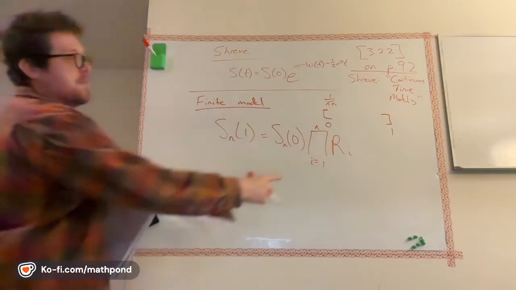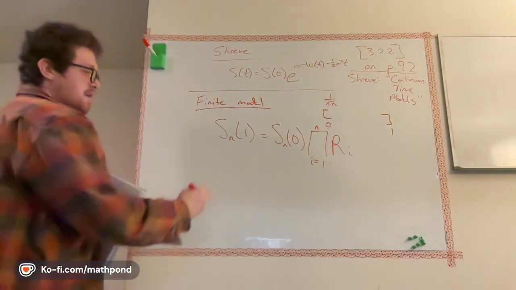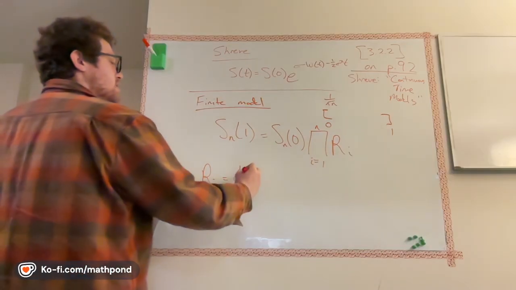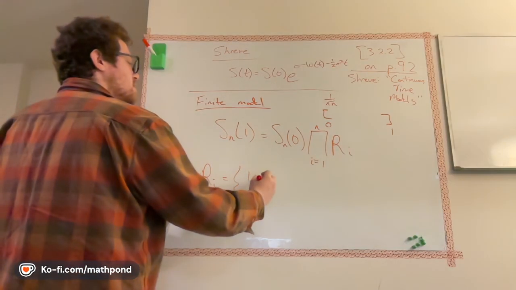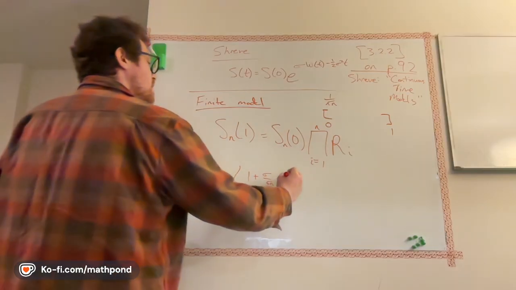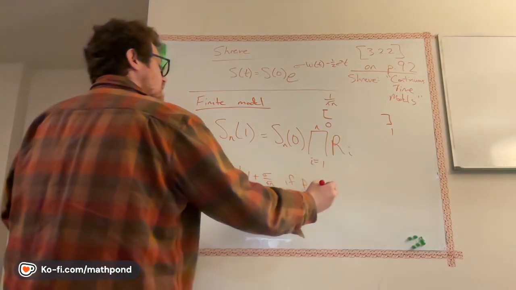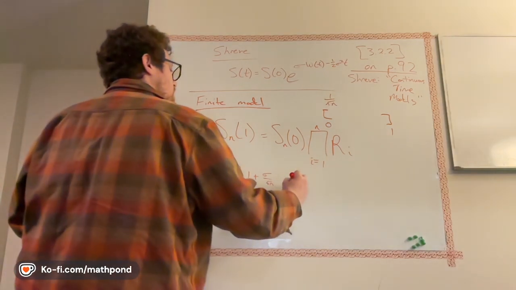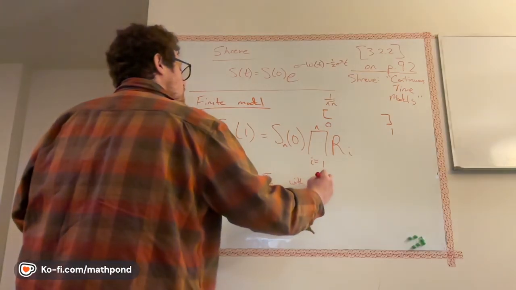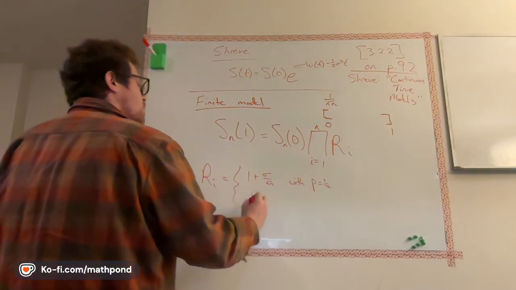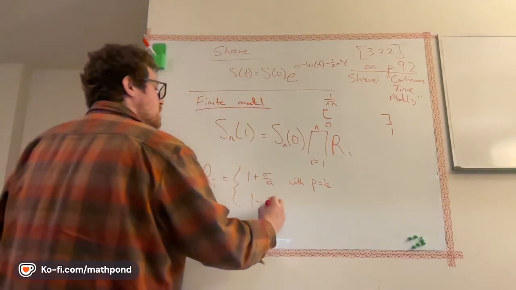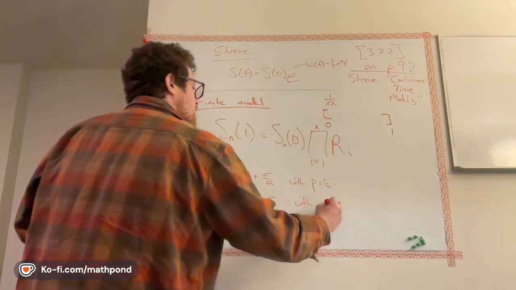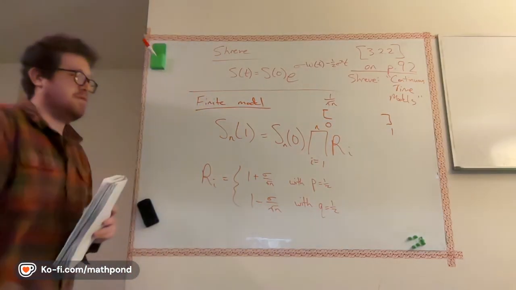Remember, these are our multiplicative factors, and ri is either 1 plus sigma over square root of n, with probability p equals 1/2, or it's 1 minus sigma over square root of n, again with probability 1/2.